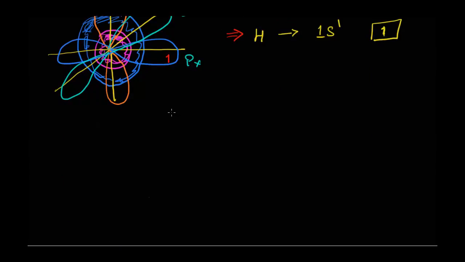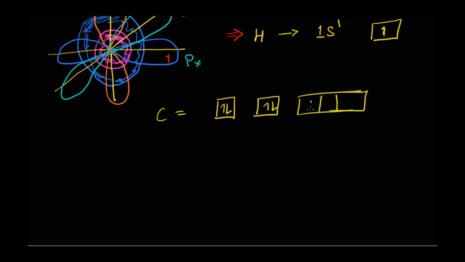Now let me tell you what happens when carbon is trying to bond with hydrogens. Carbon had 1s2, 2s2 and 2p2 electronic configuration. In the case of bonding, one electron gets excited and goes into the p orbital.